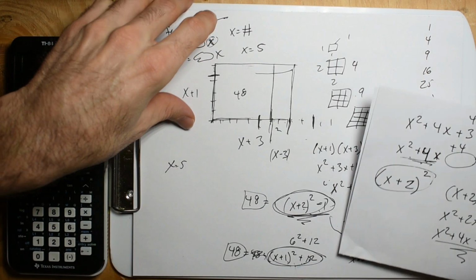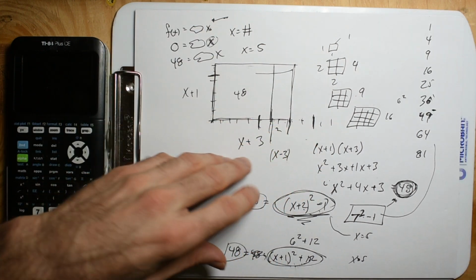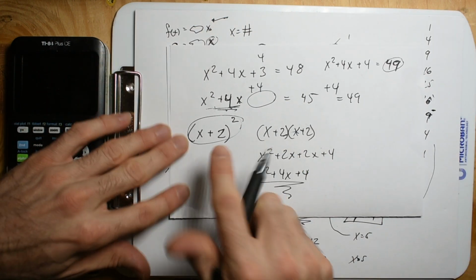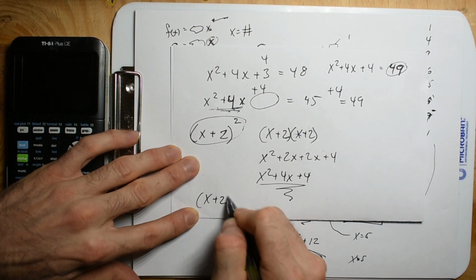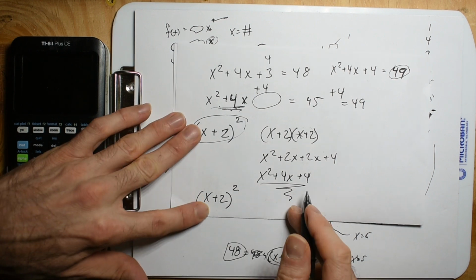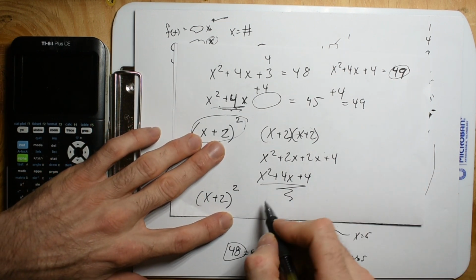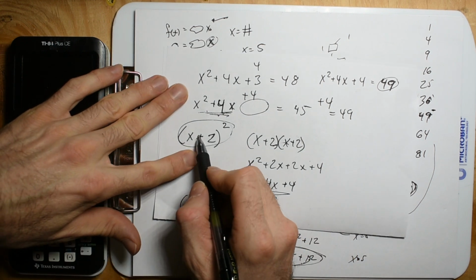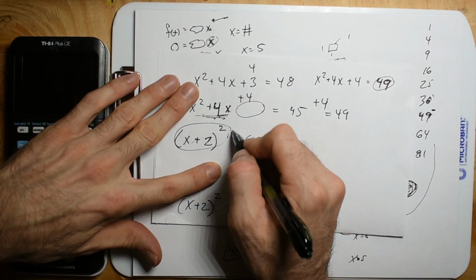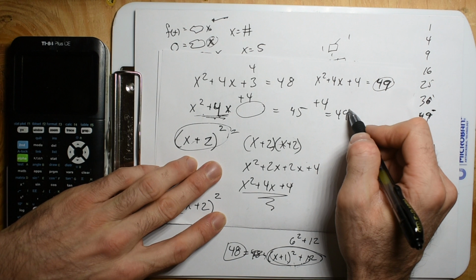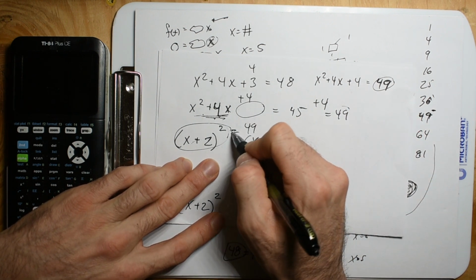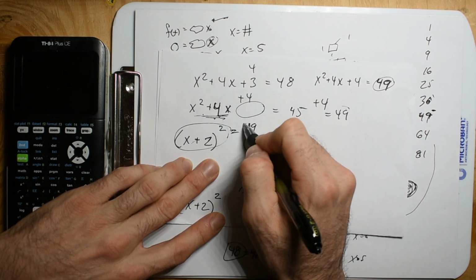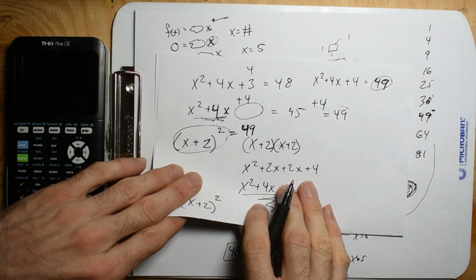Let's go back on that last one, though, because it's just kind of fascinating. Let's see what we get. We get x plus 2 squared. What do we get? x plus 2 squared is equal to 49. Okay. Were we satisfied with that?